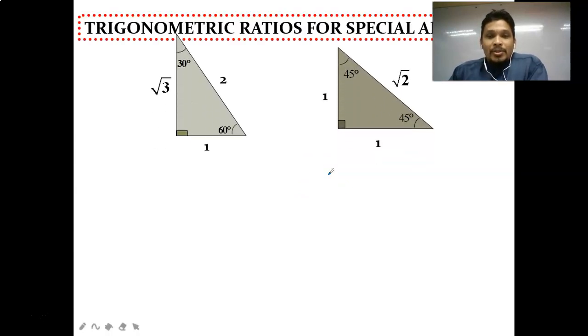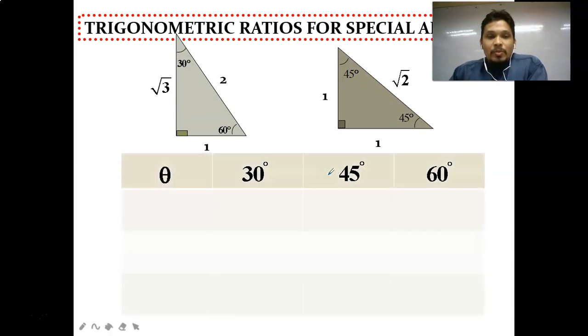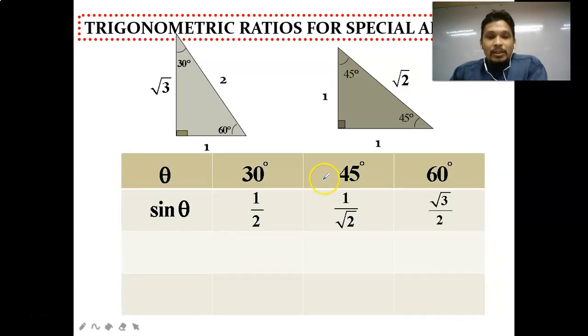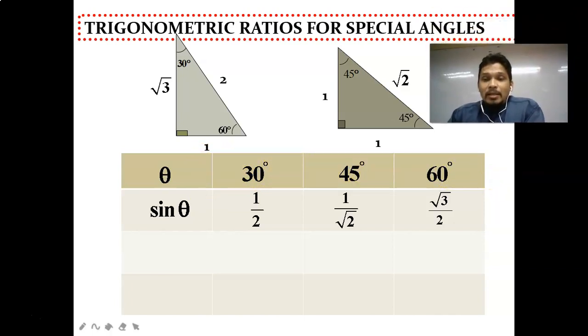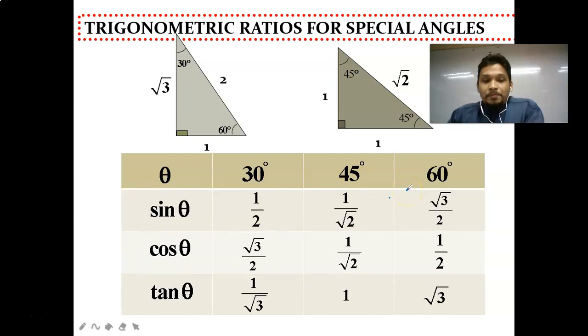Okay, trigonometric ratios for special angles. So you may refer to these notes, or you may also refer to some other reference book. Sometimes they begin with 0 degrees, 30, 45, 60, and 90. So never mind, please refer to this one here, and also here.